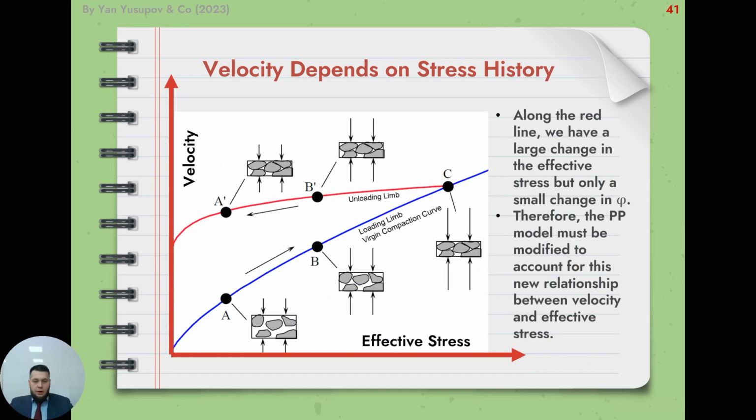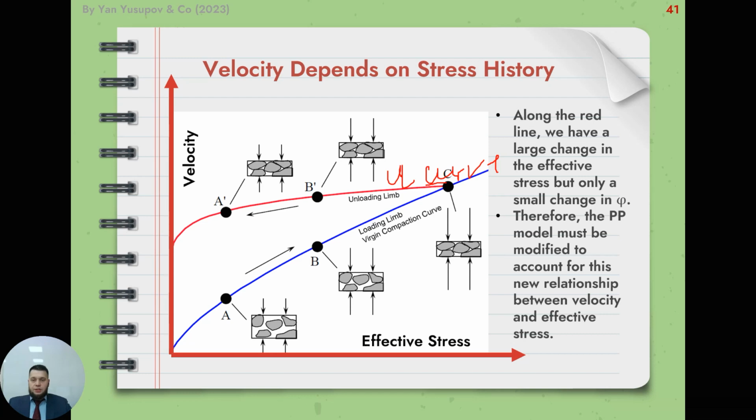This is a similar picture as the previous slide, and please note that if we see on this unloading curve, the pore pressure model must be modified to account for this new relationship between velocity and effective stress.